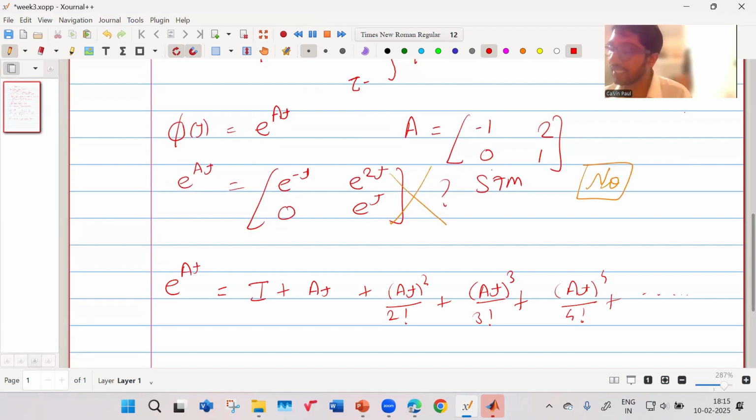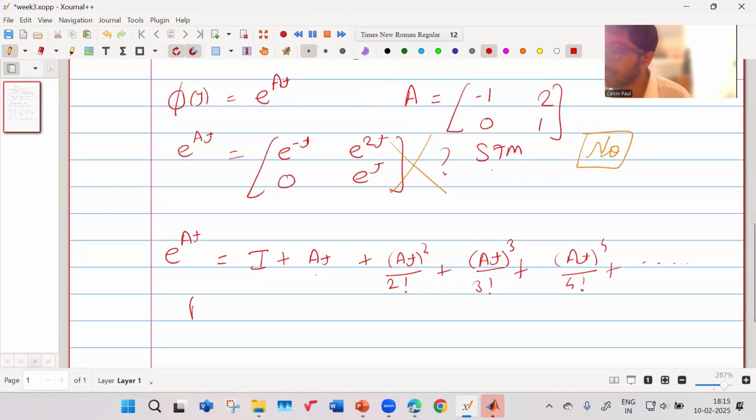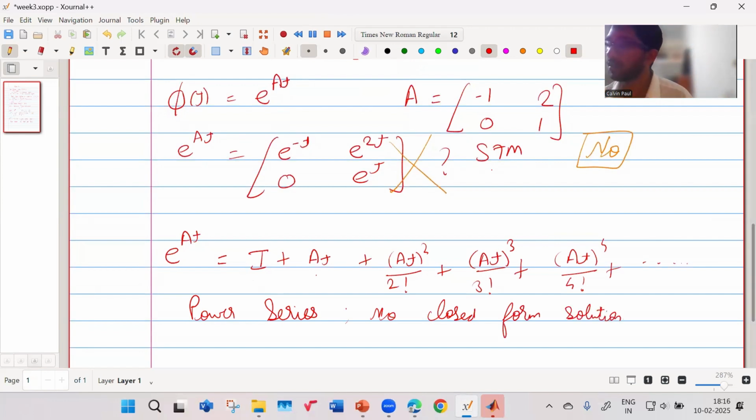So we have to find I, A t square by 2 factorial, A t cube by 3 factorial, and so on. This is known as a power series. The problem with this power series is that it doesn't give you a closed form solution, so it becomes difficult to do.